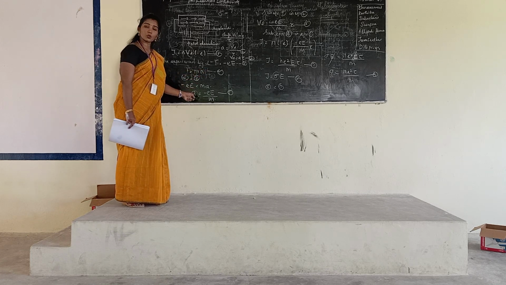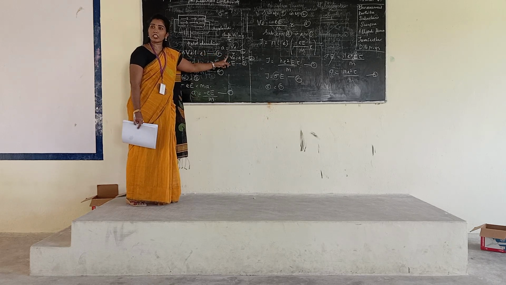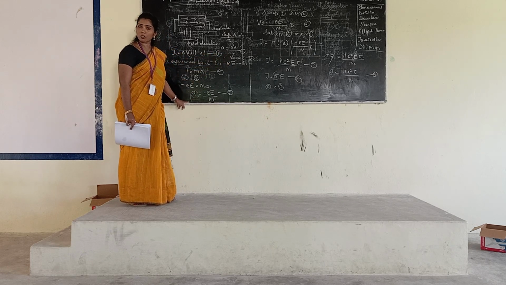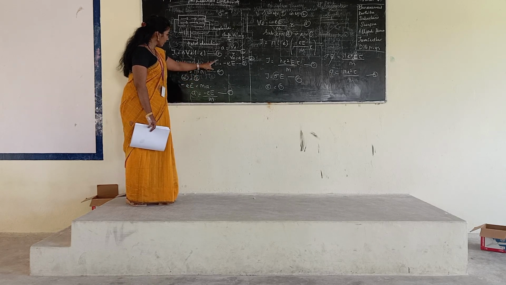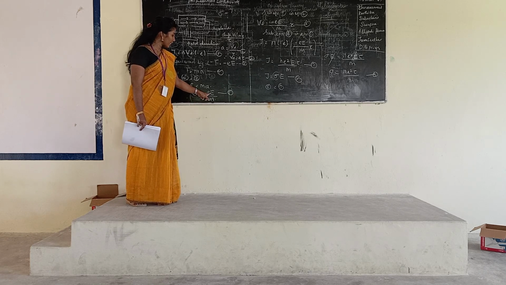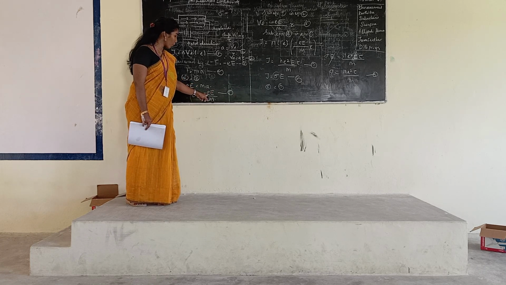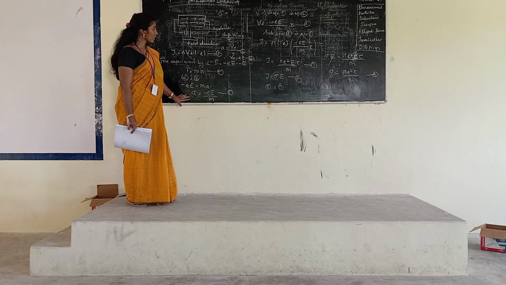Now equating these two equations, acceleration find out பண்றதுக்காக you have to equate these two equations. So after equating, what will we get here? a is equal to minus small e into capital E divided by capital M. Okay, so this is the term.